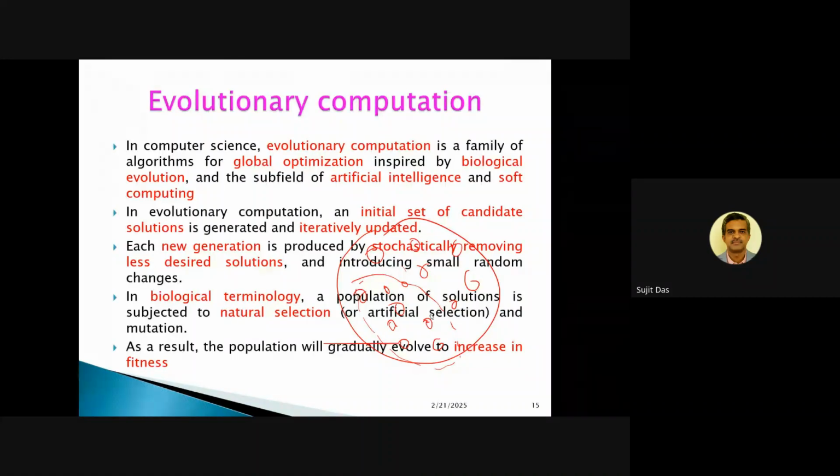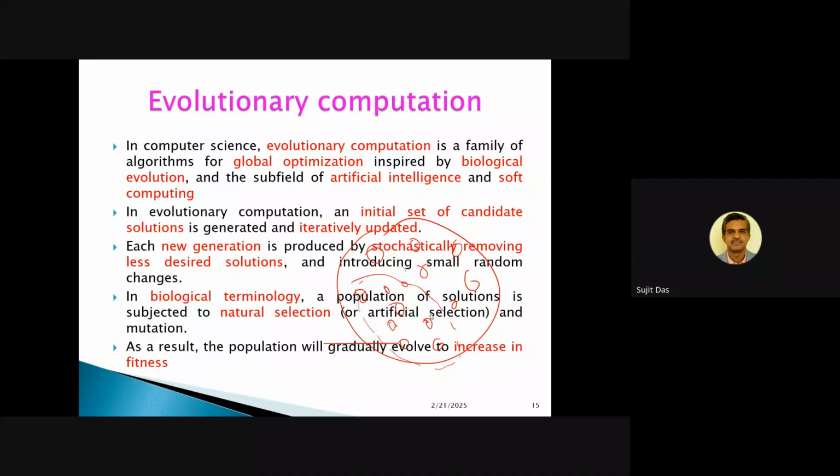So once you are moving from one generation to the second generation, solutions which have a good fitness value will be selected, and they will be moving forward in more number. There are higher chances of those solutions being selected. But for solutions whose fitness value is less, there are fewer chances of selecting them.